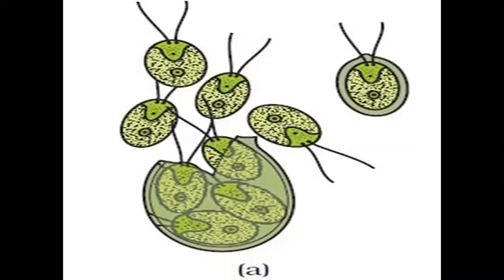In the next diagram, you can see Chlamydomonas. Chlamydomonas moves towards the light. It is an example of the movement of a whole cell as well as a whole organism. In tactic movement, we say that it is the movement of a part of a cell, or a whole cell, or cell organelles.